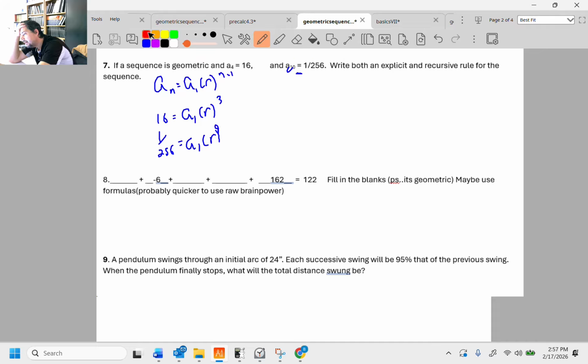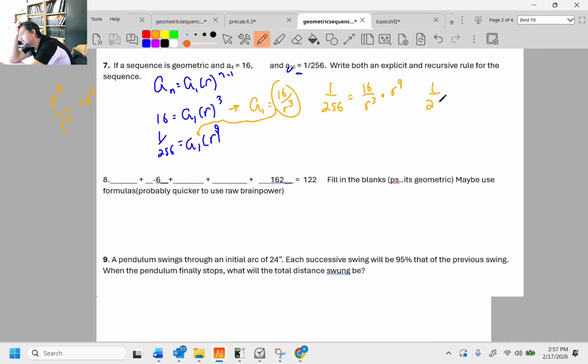Now we're going to go back to Algebra 1, do some substitution, do some solving. This would tell me that the first term is 16 over r cubed. Plug it in. 256 is 16 over r cubed times the r to the 9th that you already have. r to the 9th over r cubed is r to the 6th.